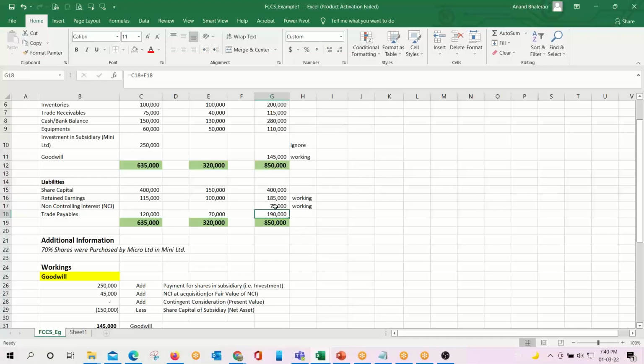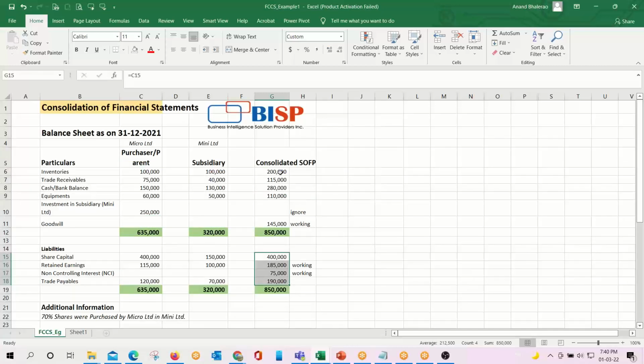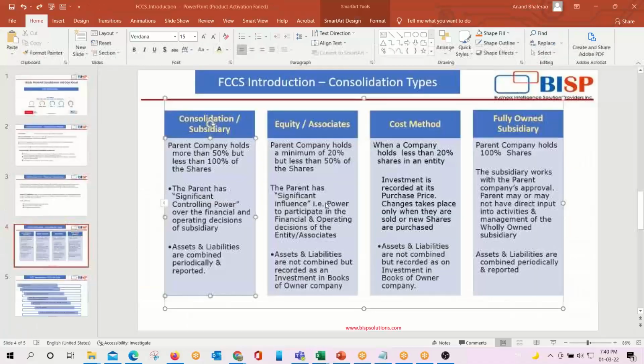So it comes to 75,000, and it makes our total liability 8,50,000, and the asset comes to 8,50,000. So our balance sheet tallies. All this process which I have done manually here is being done through our application.